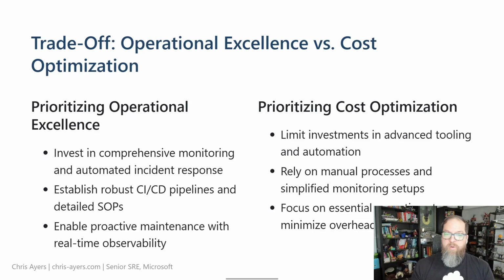Operational excellence and cost. So, you know, government services, financial companies, healthcare, extensive monitoring, extensive incident response. They need to know when things are down. They need to know the software bill of materials. They need to know if something's down, how to get it back up, proactive maintenance. Maybe in a startup, there is more limited investment in some of those tools. They leverage some things, but they use manual processes because they're trying to keep costs down.